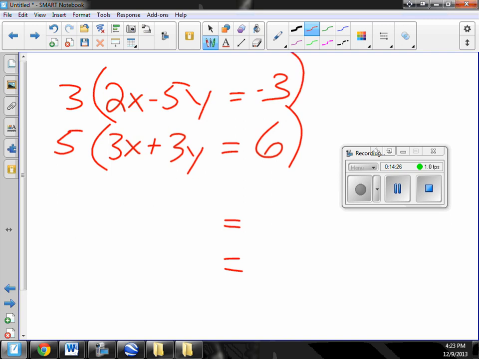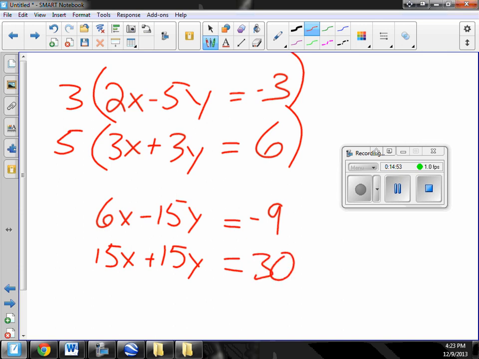So if you times the top by 3 and the bottom by 5, then the top y will be negative 15y, and the bottom y will be 15y. And sometimes you have to multiply both of them in order to eliminate. So we get 6x minus 15y equals negative 9, and 15x plus 15y equals 30. And now my y's eliminate.